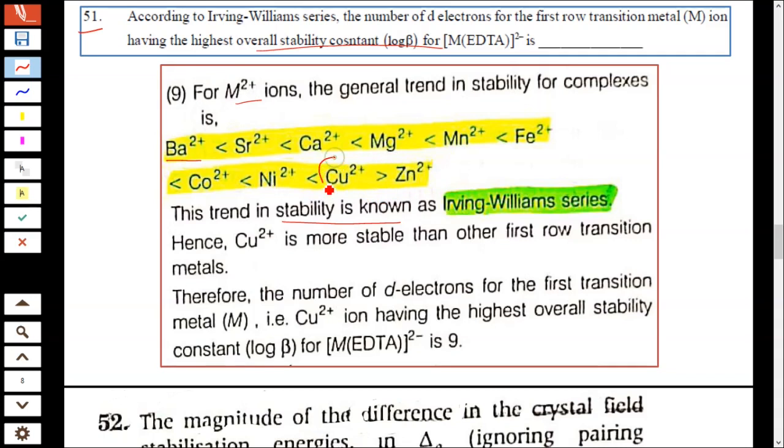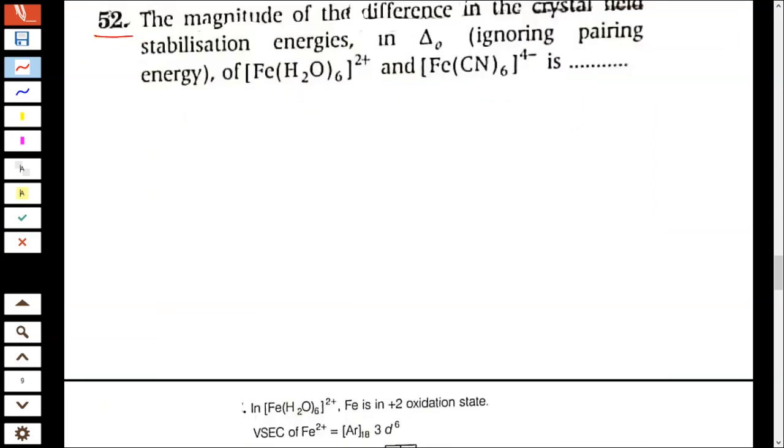Here you observe that Cu2+ is more stable than other first row transition metals. Therefore, Cu2+ has the highest overall stability constant, with the number of d electrons equal to 9. Hence, the answer is copper.